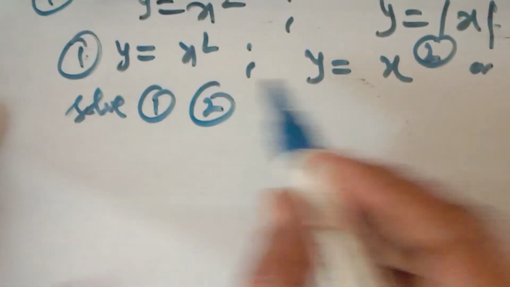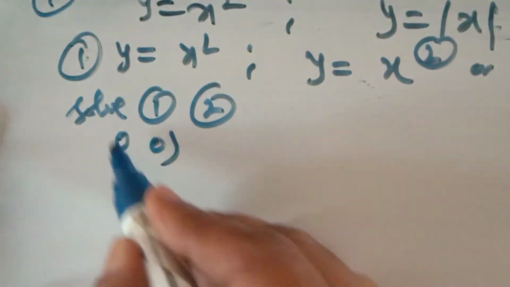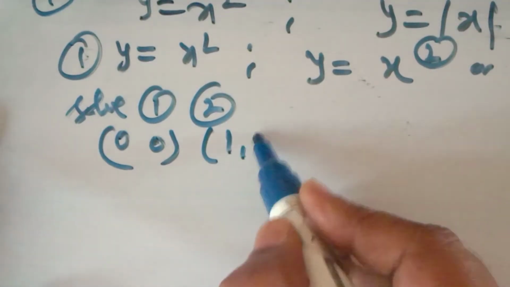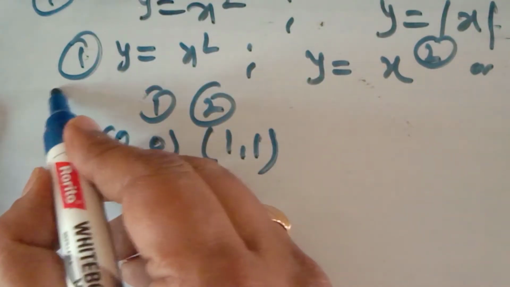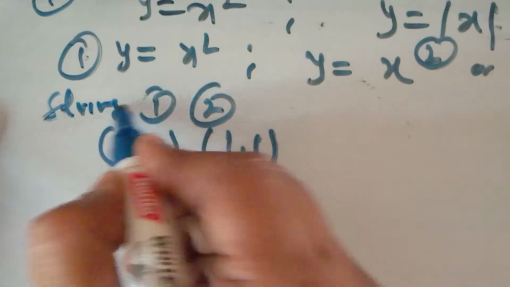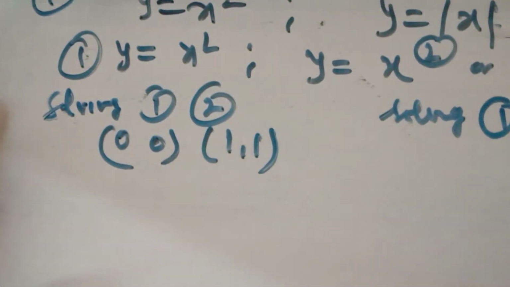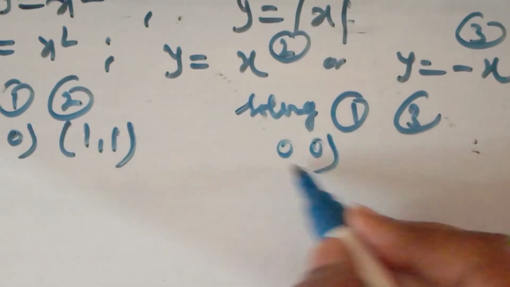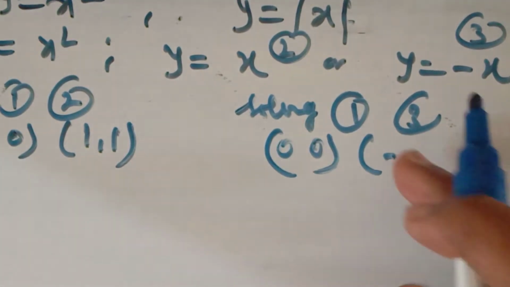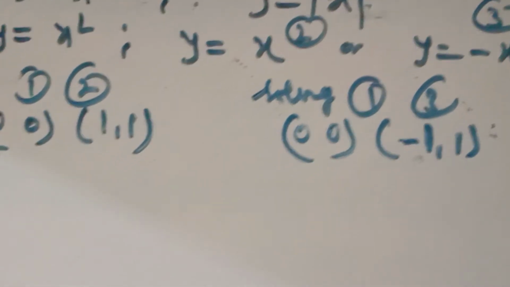When you solve these two, their points of intersection will be 0, 0 and 1, 1. Solving first and third, this parabola and y is equal to minus x, you get their points of intersection as 0, 0 and minus 1, 1. You take your own time to find their points of intersection.